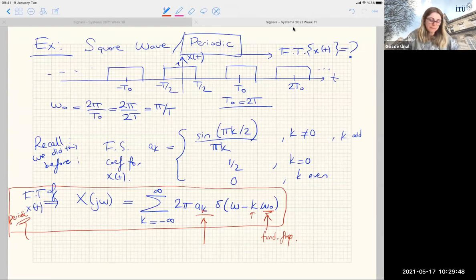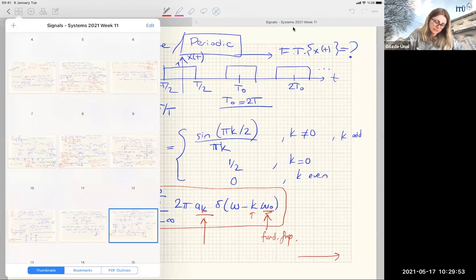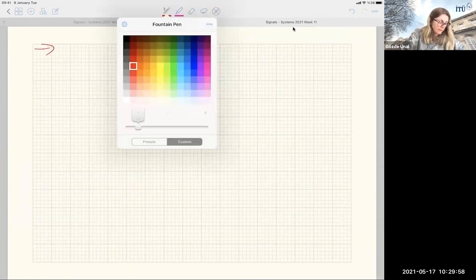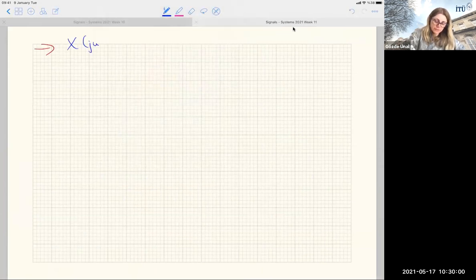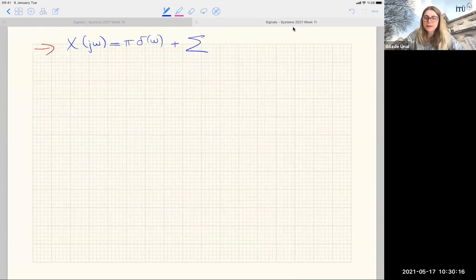So now for this specific case, our Fourier transform X of j omega will be pi delta omega plus, I'm just inserting the form of the Fourier series coefficients into here. At k equals 0, it was 1/2, so it's going to be pi delta omega. Then the sum for k from minus infinity to infinity, k not 0 and k odd.